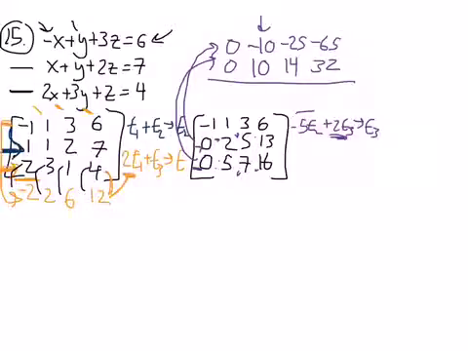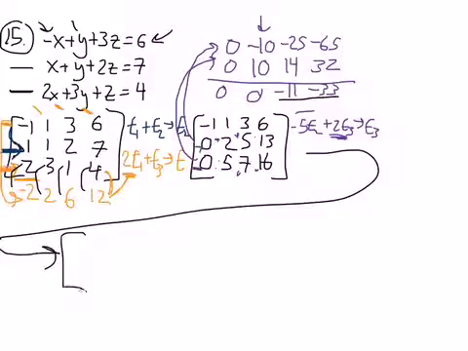Then if I add those together, 0, 0, -25 plus 14 is -11, and -65 plus 32 is -33. Even from there, I could divide both of these by -11, but let me just do one step at a time.